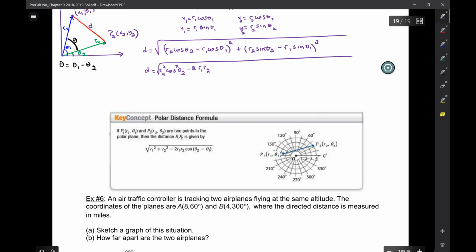R1, R2, cosine theta 1, cosine theta 2, plus R1 squared cosine squared theta 1. So that was just squaring the first parenthesis. Now let's square the second.